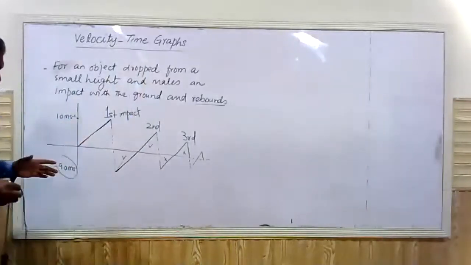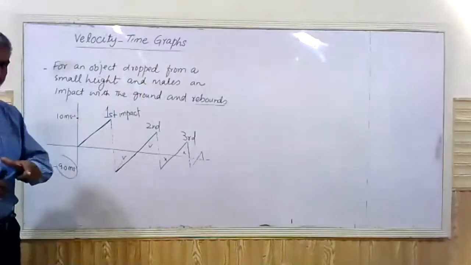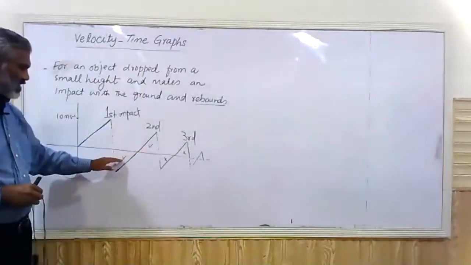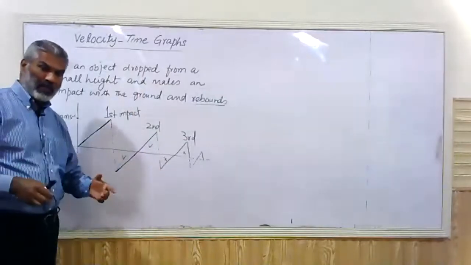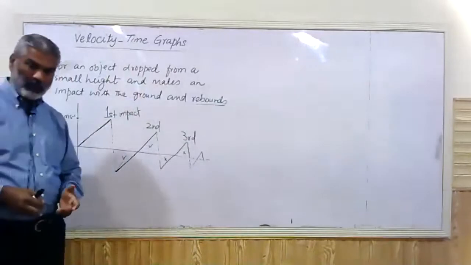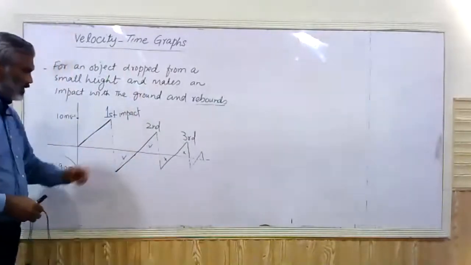So what you need to understand is where the impact is made and what should be the relative sizes of these triangles, what they represent, how we can calculate the acceleration of the object during this fall. So all these are important points.